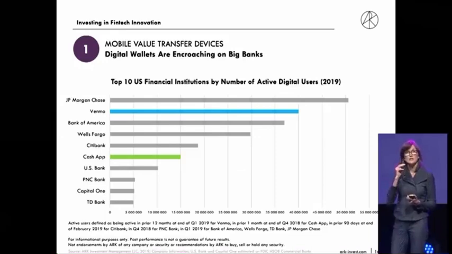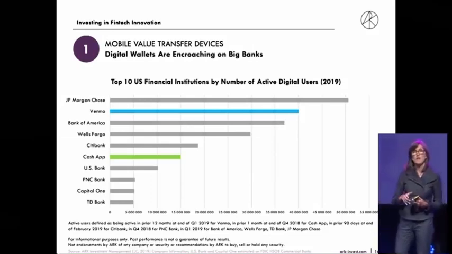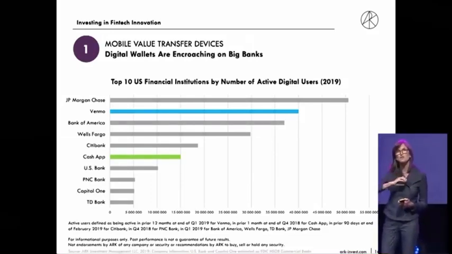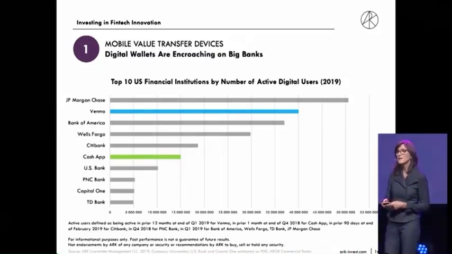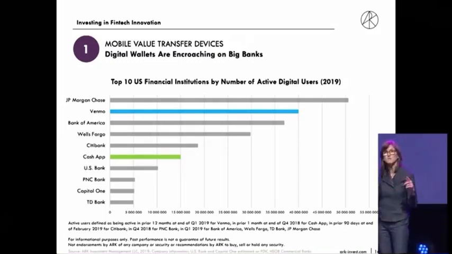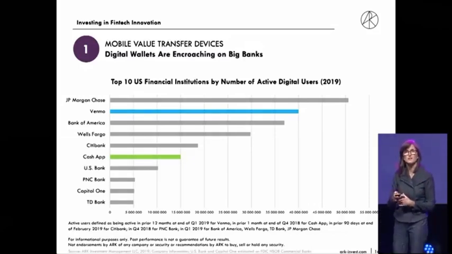And Square's Cash App is number 6. What you don't see in this chart is that both of them are growing so much faster, Square Cash at roughly 80% and Venmo at roughly 40%, that they are going to surpass the banks in terms of number of digital accounts very, very soon, within the next few years.